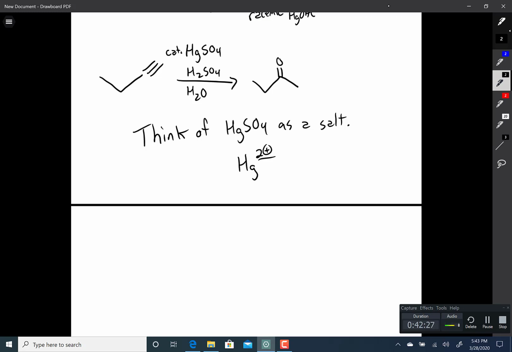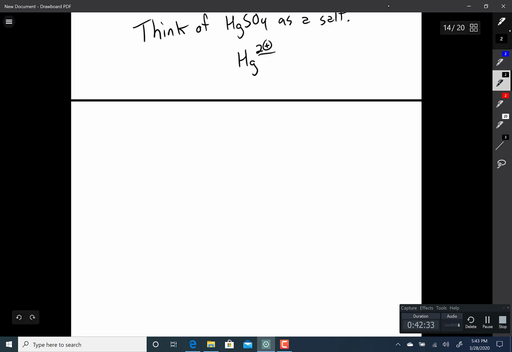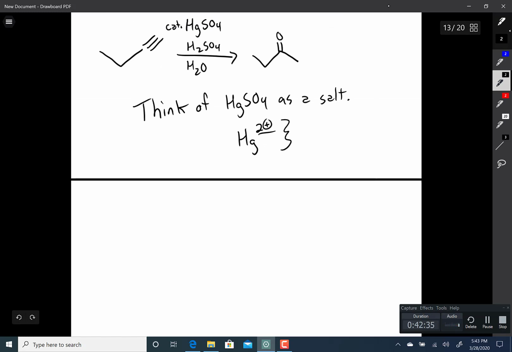Just think of it as mercury 2+. And this will react as a Lewis acid. A Lewis acid you can think of as a gigantic fluffy proton. Big H+.